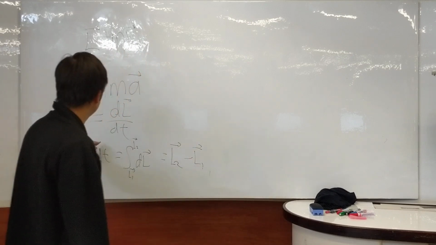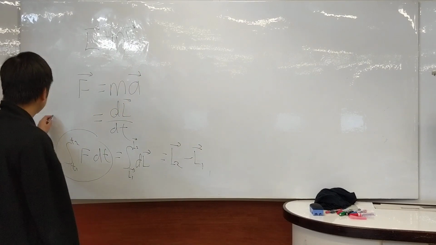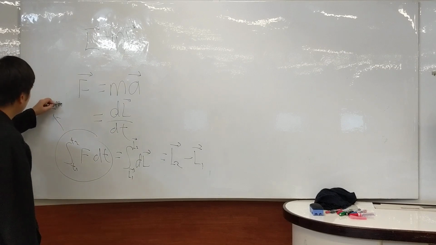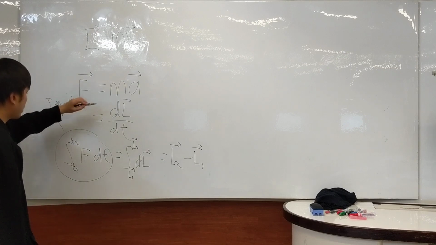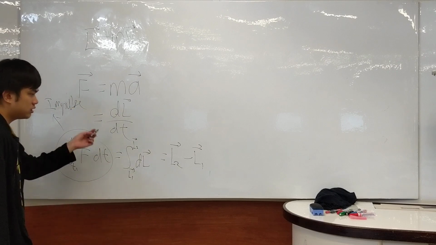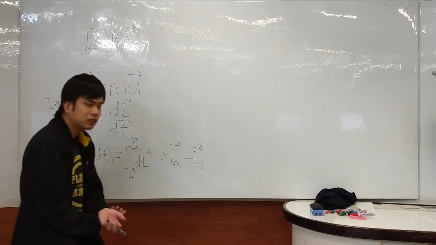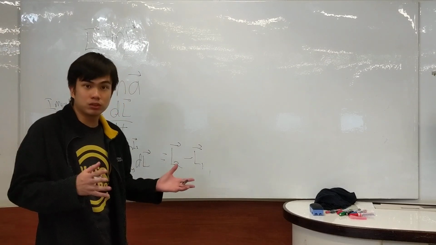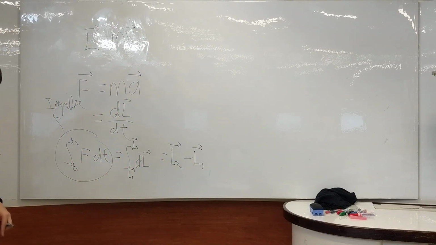This term here is something that we denote as impulse. From this derivation, what we can see is that impulse is equal to the change in momentum. The definition of impulse is just the integration of force with respect to time. That is what impulse is.